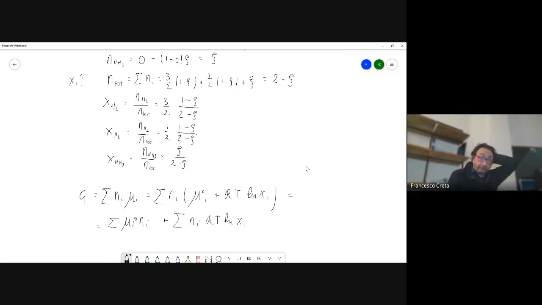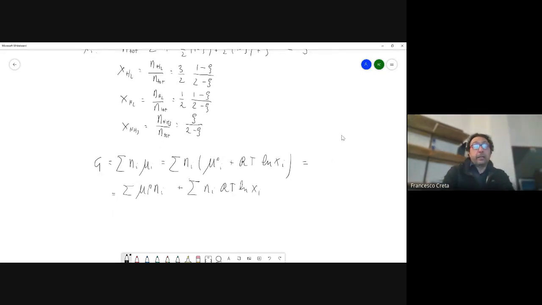You will recognize here a function that we can call G0, still a function of psi, which is the standard Gibbs energy of unmixed components.